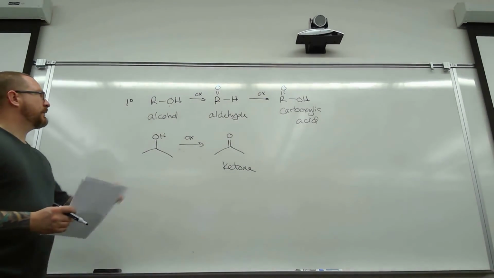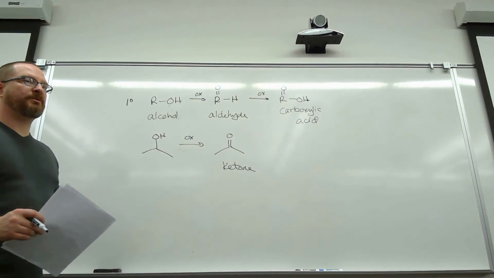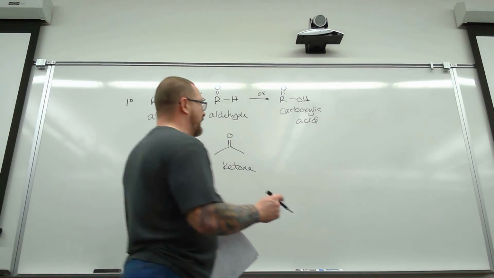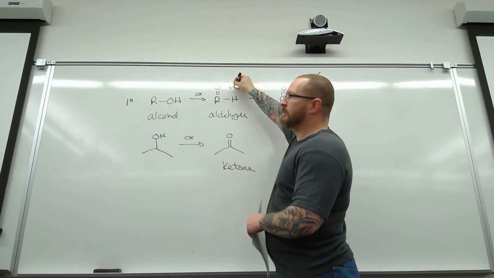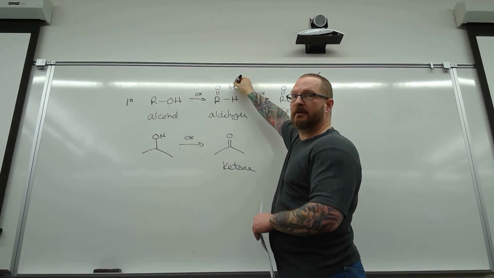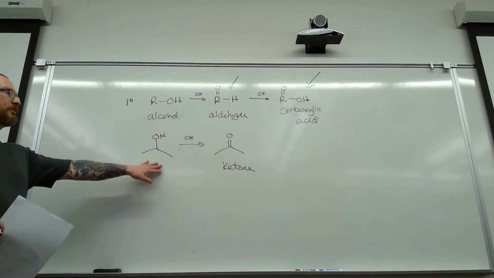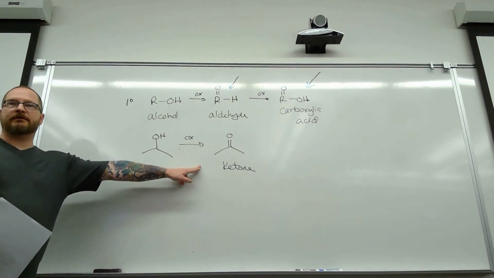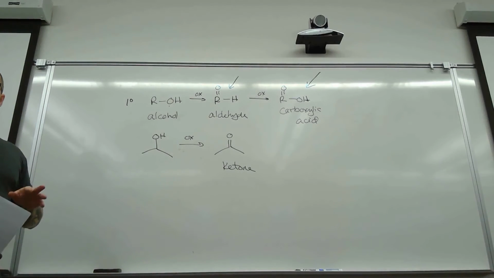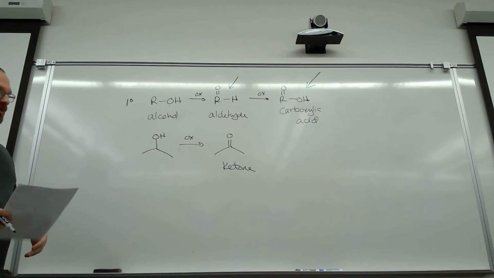So with a primary alcohol, aldehyde then carboxylic acid is a two-step process. Some oxidations will take you all the way to here, some reagents will take you here and then stop. So those are our three general scenarios for oxidation of alcohols.